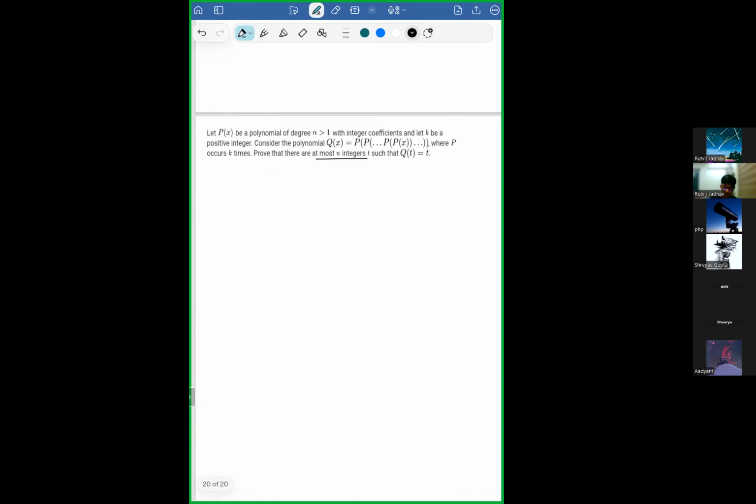You want to prove that there are at most n integers t such that q of t is t. When would this not be true? When there are at least n plus 1 integers, right? So you would assume, for the sake of contradiction, that there exist n plus 1 integers.